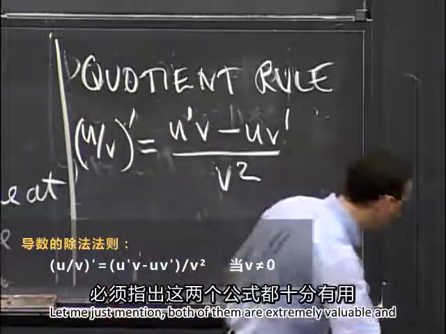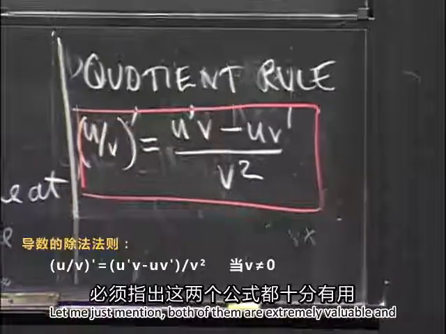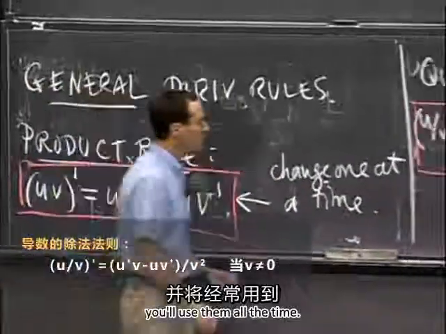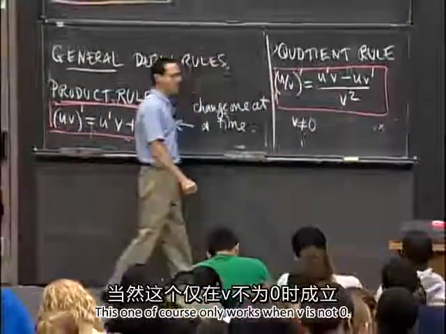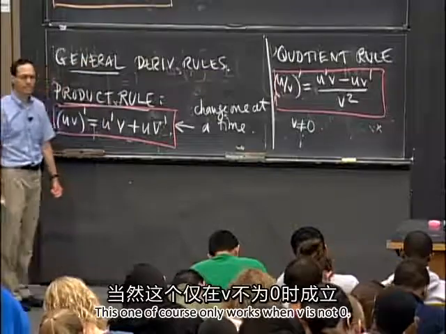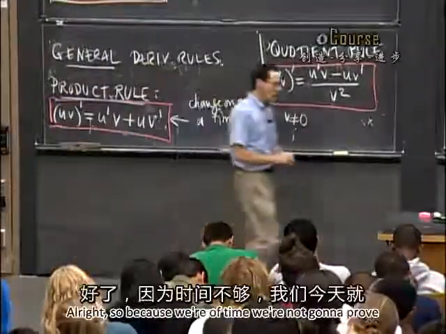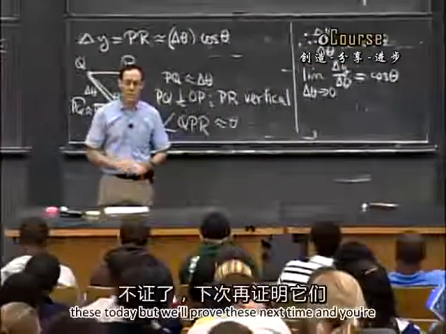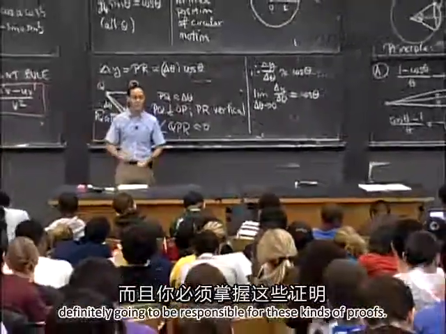Let me just mention, both of them are extremely valuable, and you'll use them all the time. This one, of course, only works when v is not 0. All right, because we're out of time, we're not going to prove these today, but we will prove these next time, and you're definitely going to be responsible for these kinds of proofs.